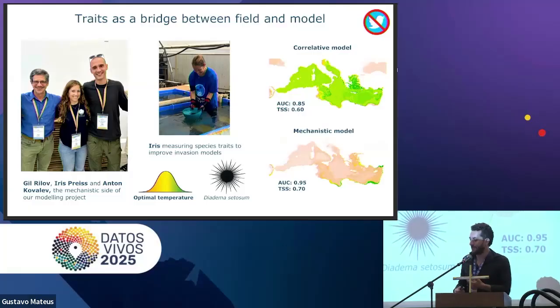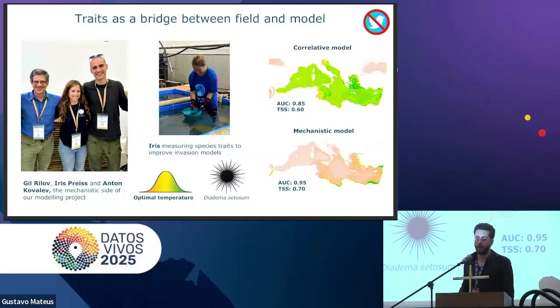But then, very interestingly, with just the data from the thermal limits that Iris and Anton collected in the lab, without using any geographical data apart from the temperature layers, we made the bottom map and the evaluation metrics were even better. So we got an AUC of 0.925 and a TSS of 0.7.